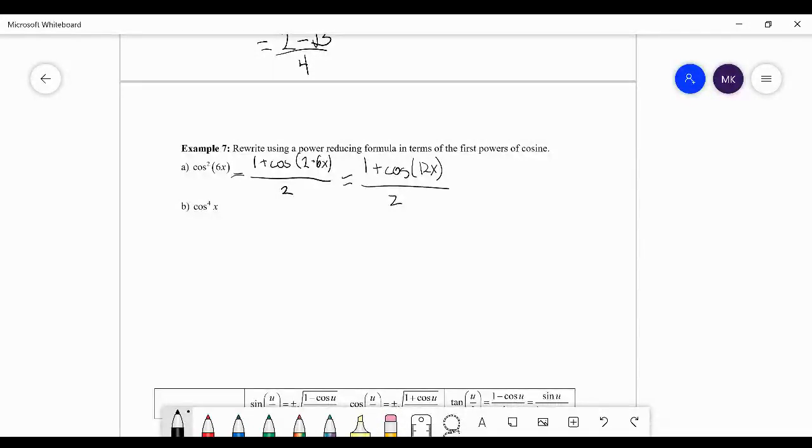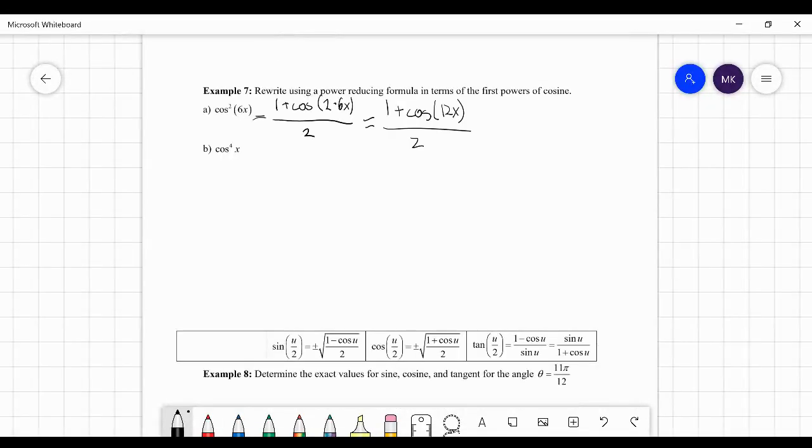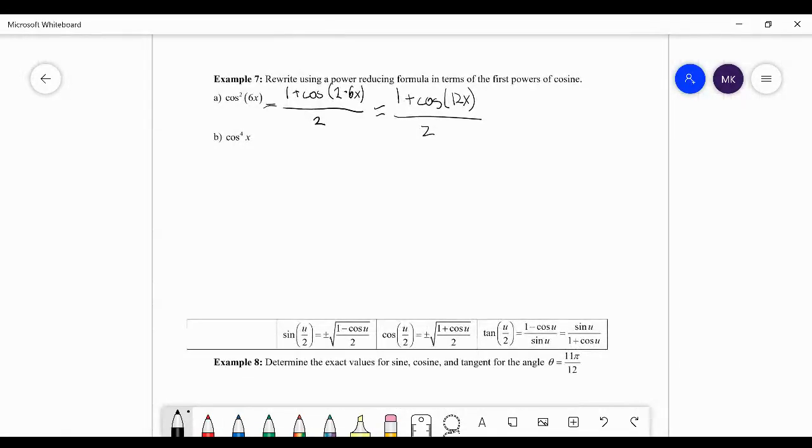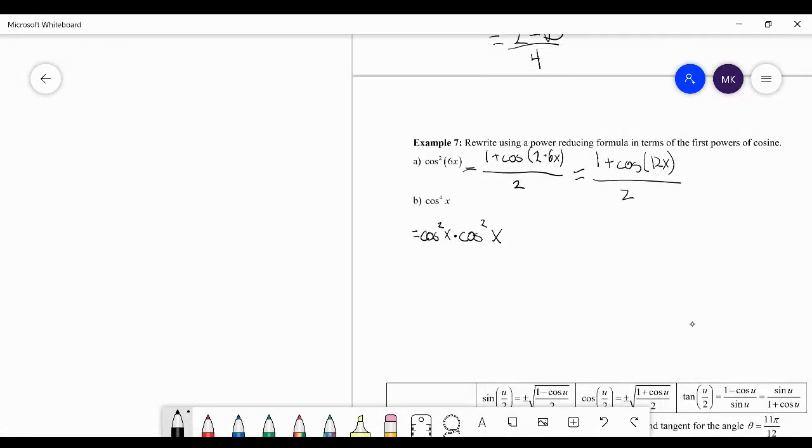Now, how do I deal with this next piece? There's two ways you could do it. And the easiest way is to break this up. So cosine to the fourth of x is really just cosine squared x times cosine squared x, if you remember your exponent rules.